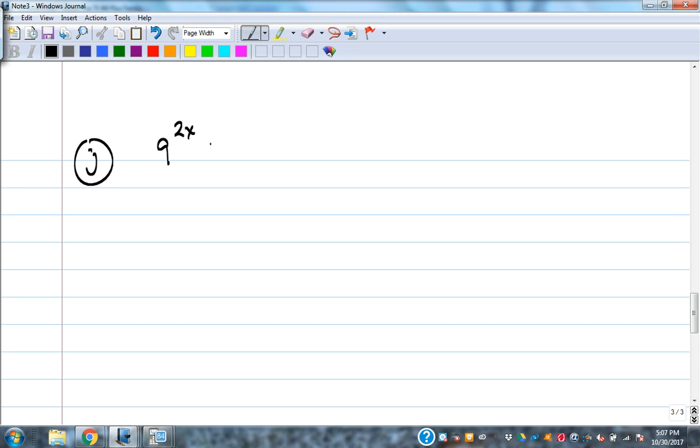Here's an interesting one. 9 to the 2x equals 1 over 27. A lot of times the fraction is not the one you want to start with because it's always the more complicated looking one.